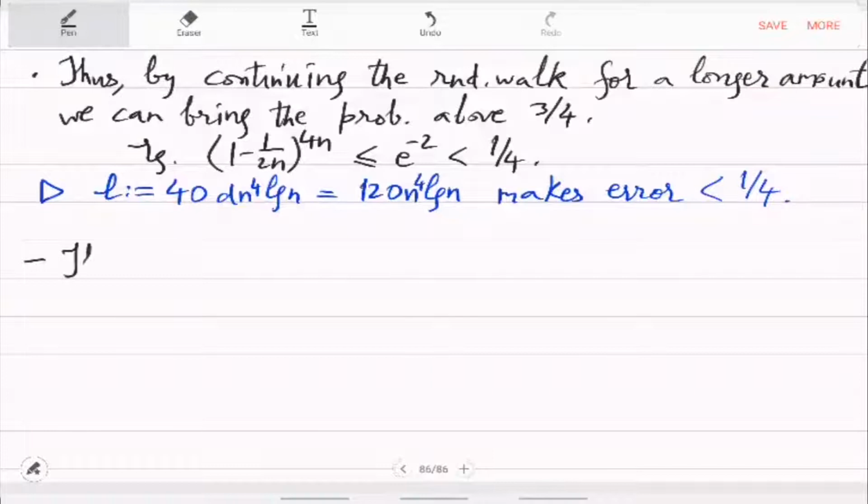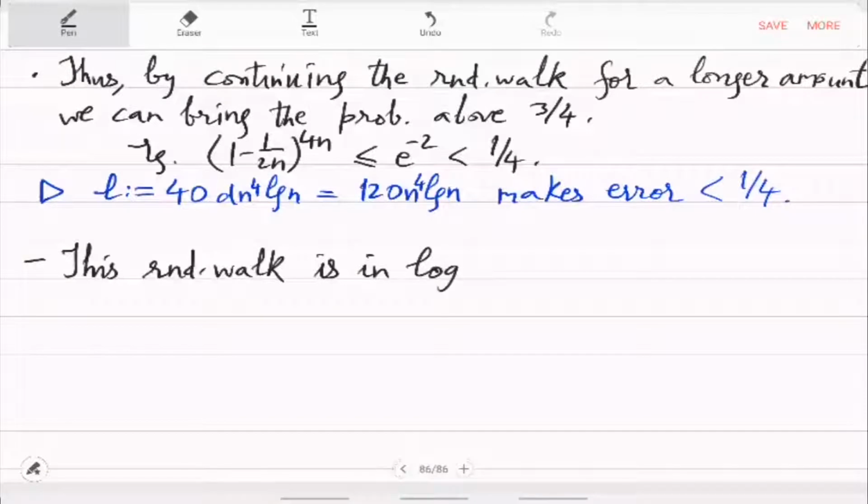So this walk is in log space. Log space, we use this complexity class L, right?